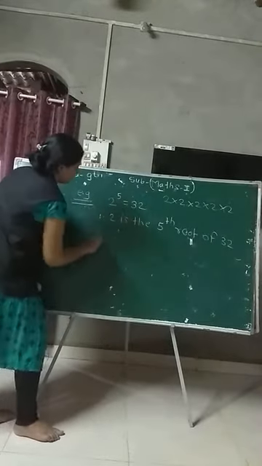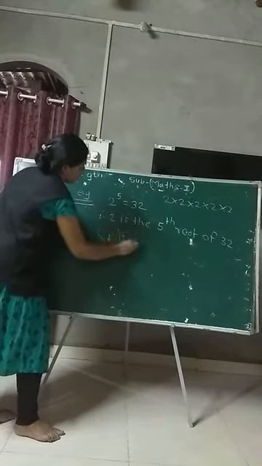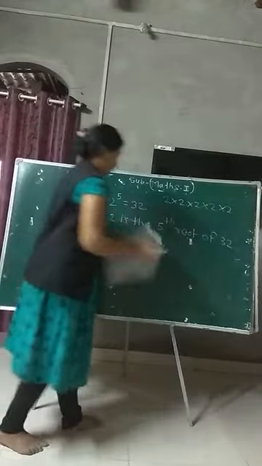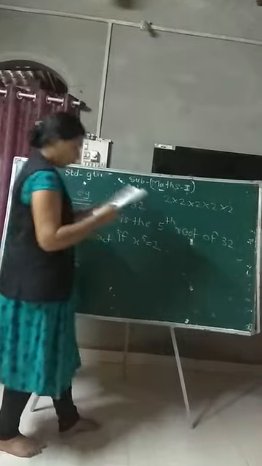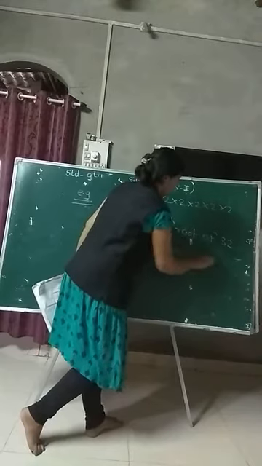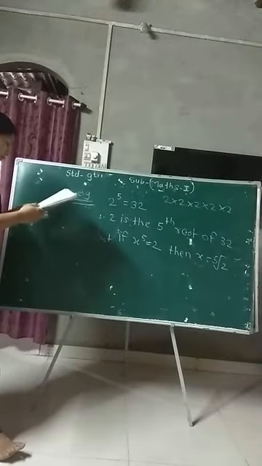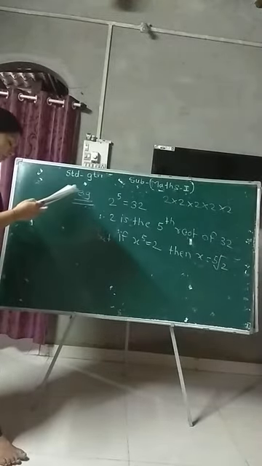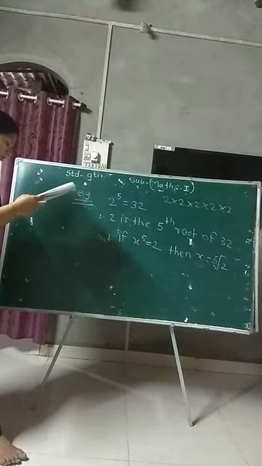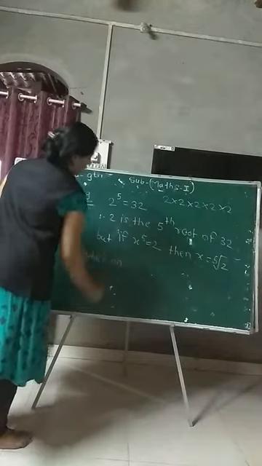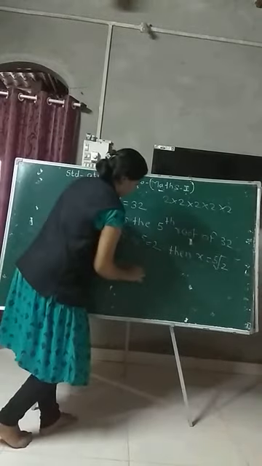But if x raised to 5 is equal to 2, then x is equal to the fifth root of 2, which is an irrational number.